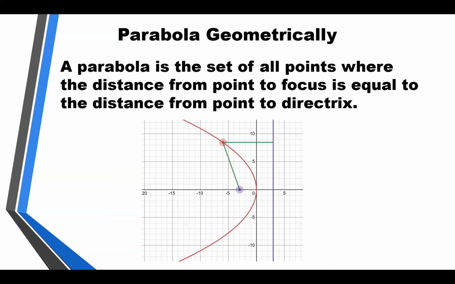So a parabola geometrically can be defined as the set of all points where the distance from the point on the parabola to the focus is equal to that same point's distance to the directrix.